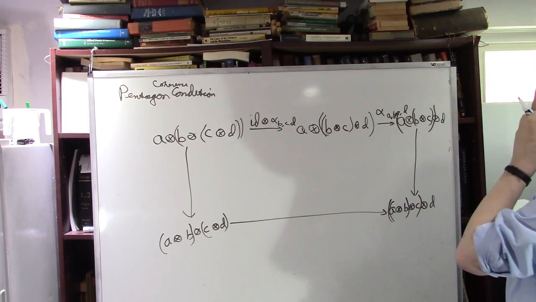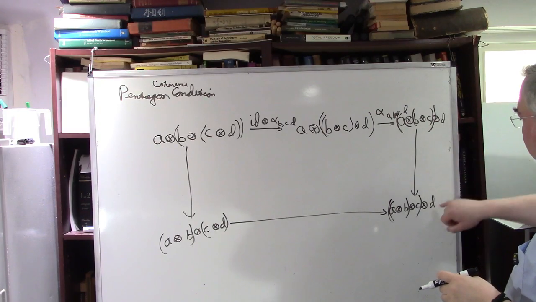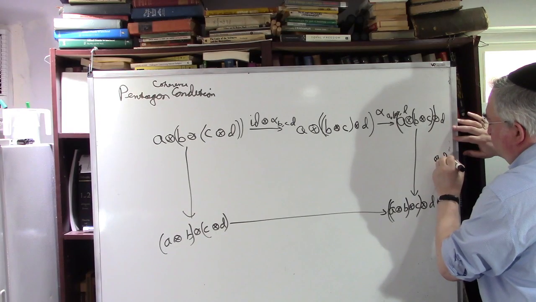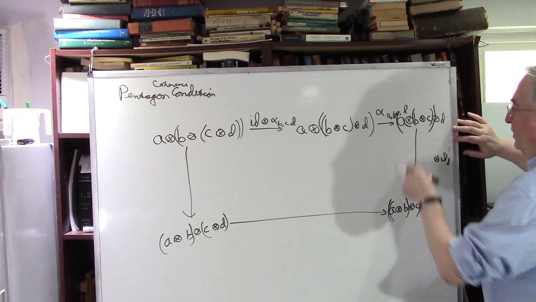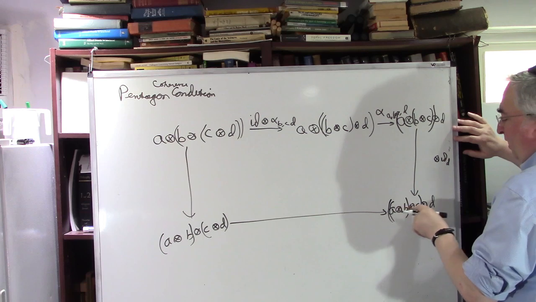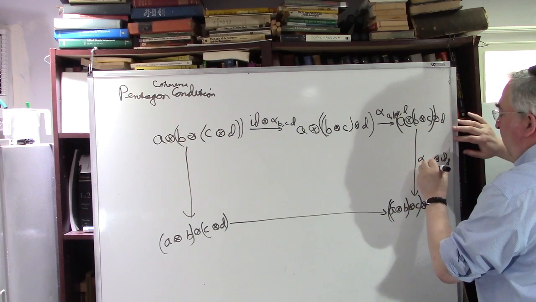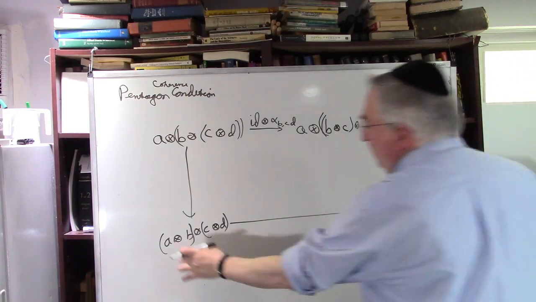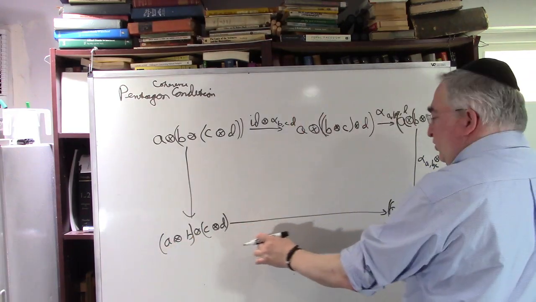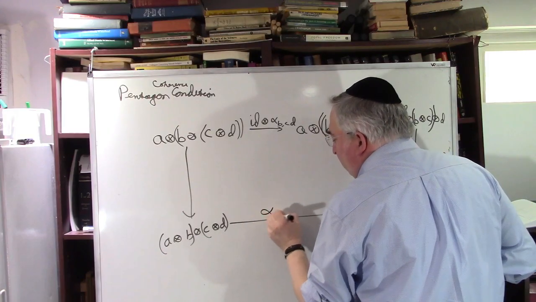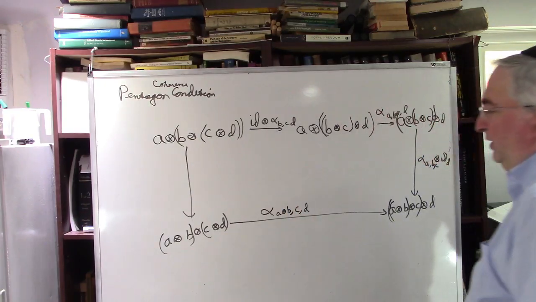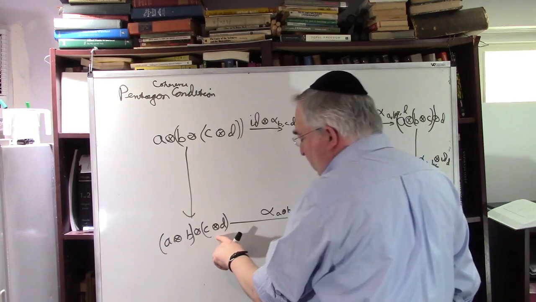Okay. This has D on the outside, so this is going to be tensor identity of D, and this is rearranging A, B, C. So this is alpha of A, B, C. Okay, this has AB as one thing, and then it's rearranging C and D. So this is alpha of A tensor B as one thing, and then C and D. And finally, this has CD as one thing.